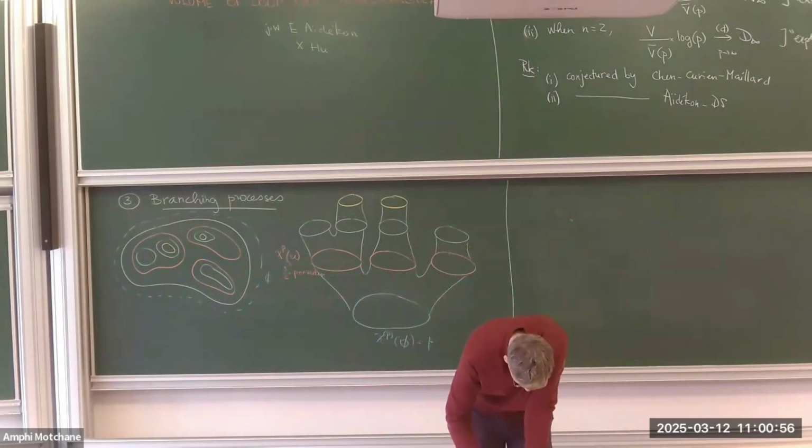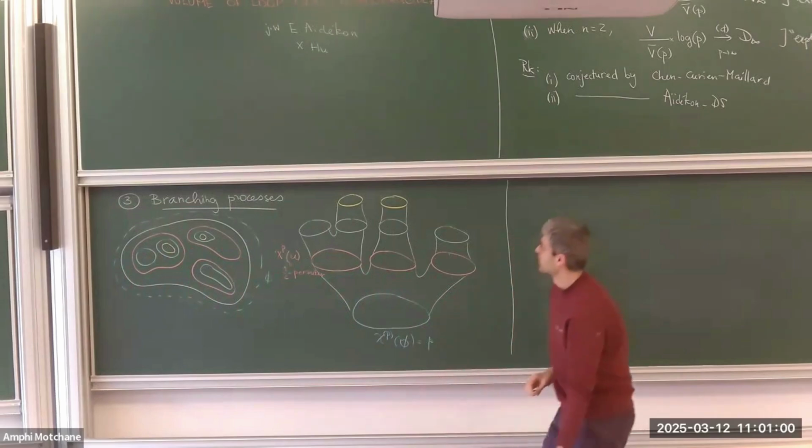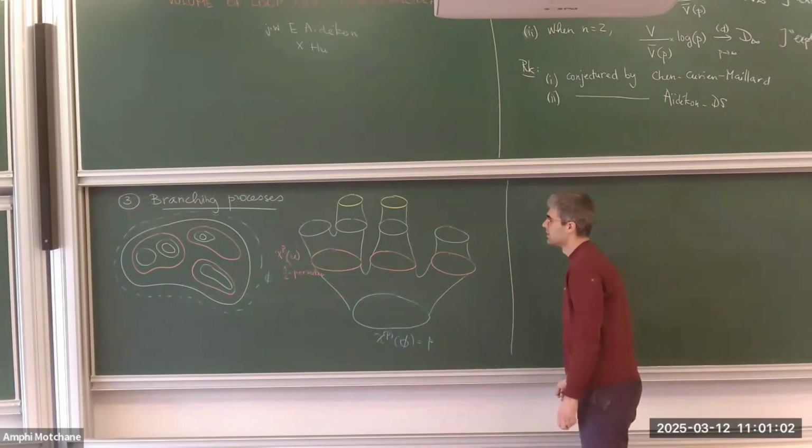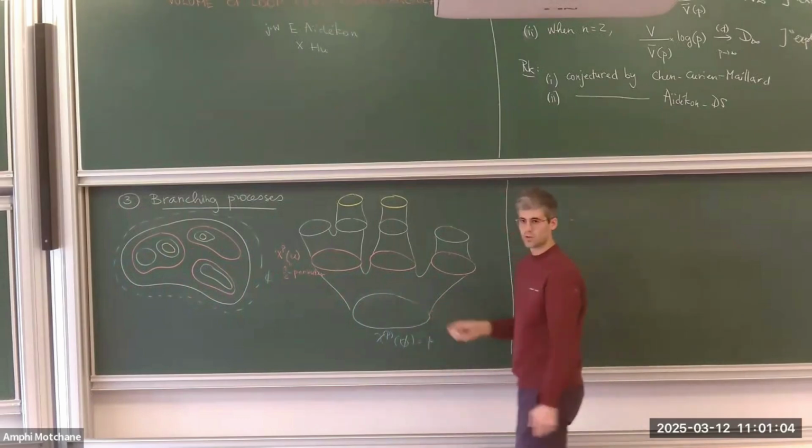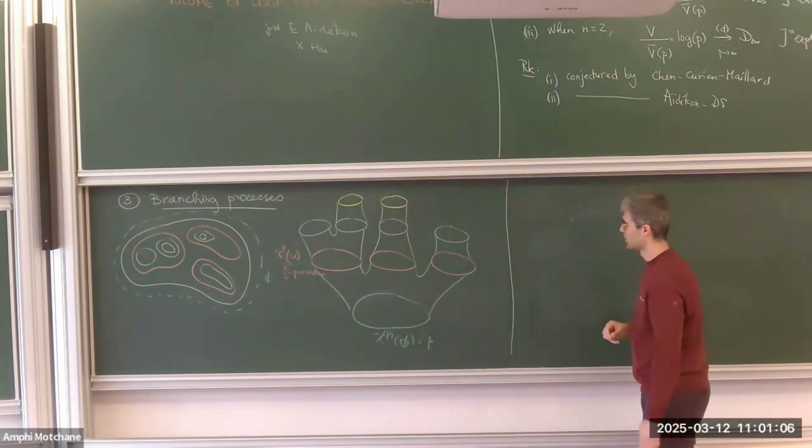Okay, so what they did is essentially try to see what this looks like in the scaling limits, when you take the perimeter to go to infinity, what this branching structure looks like.